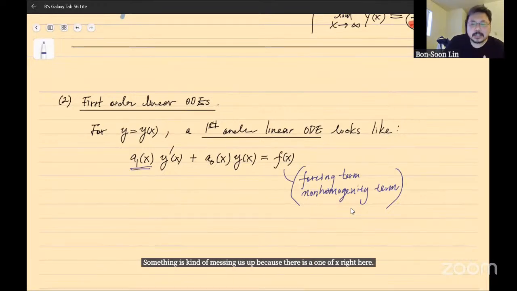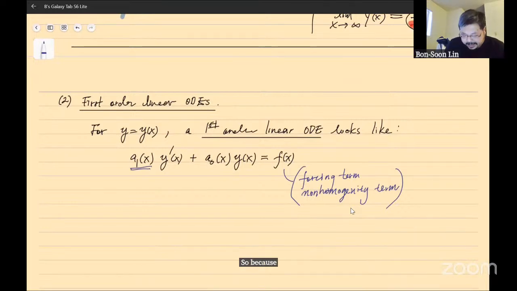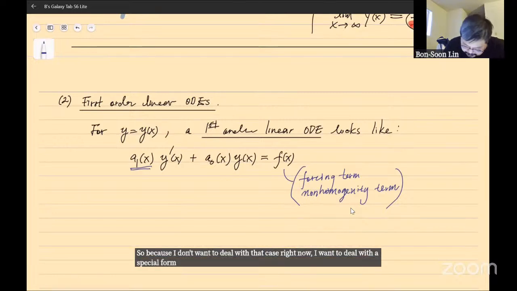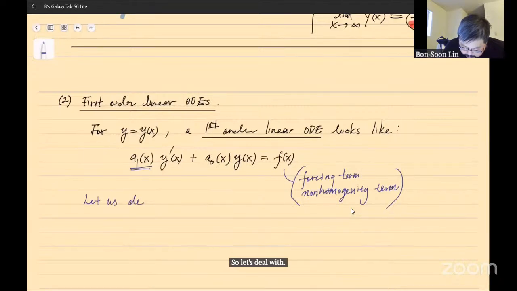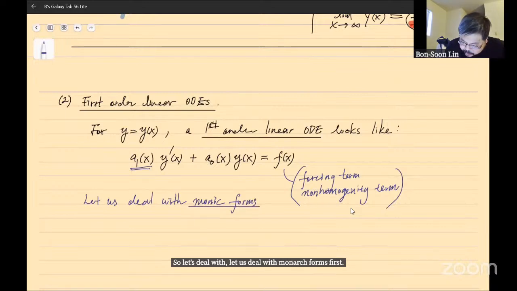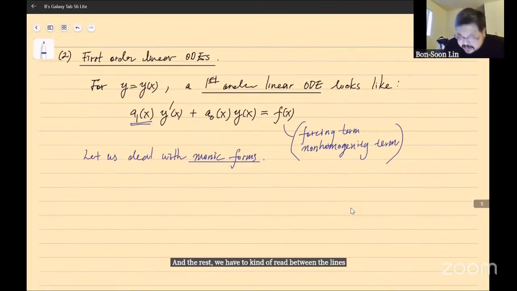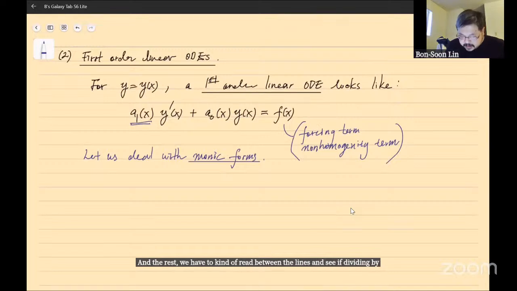This term is going to be annoying to us because it could be a function that's sometimes 0. Because I don't want to deal with that case right now, I want to deal with a special form called monic form. So let us deal with monic forms first. And for the rest we have to read between the lines and see if dividing by a1 of x is going to give us trouble.